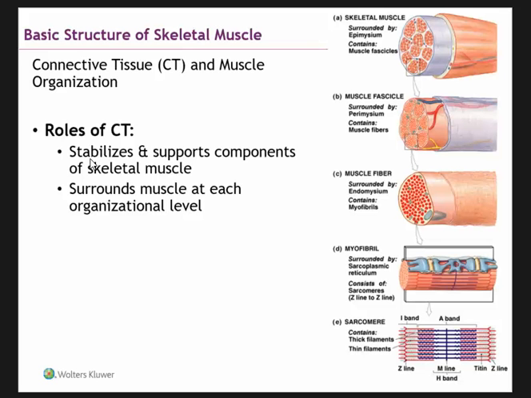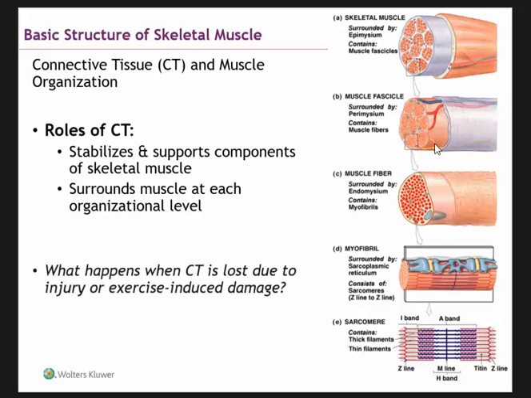There are relatively few cells embedded in the matrix of these structures. They contain mostly collagen and fatty tissue, and then muscle cells, which are our muscle fibers. Each of these layers acts independently and contains specific functions that ensure movement and force production. We'll talk about those specific functions in a little bit.